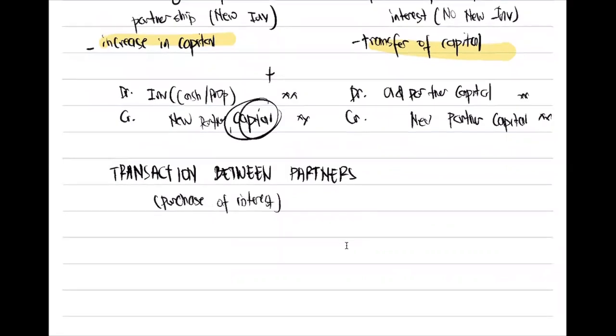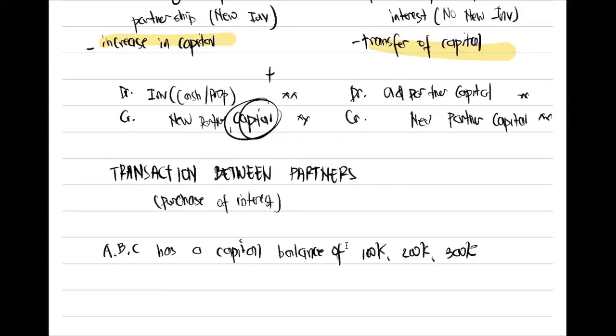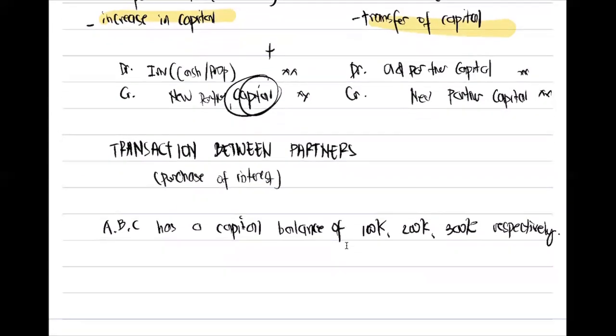So for example, A, B, and C have capital balances of 100,000, 200,000, and 300,000 respectively.